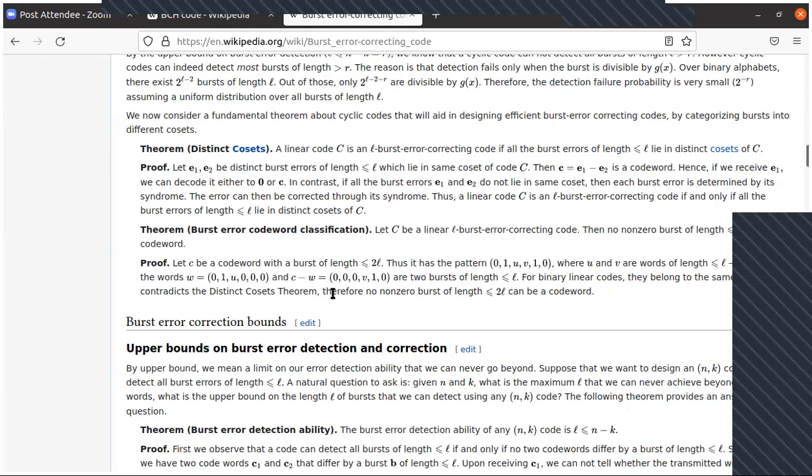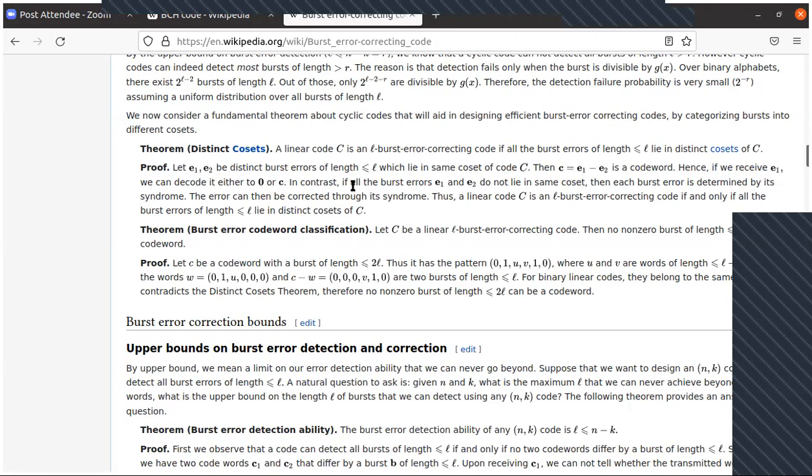Are they bursts or not? Yes, sir. So they are bursts of length less than or equal to L, because U is a word of length less than or equal to L minus 1. For binary codes, they belong to distinct cosets, right? So therefore, no burst of length less than that can be a code word.